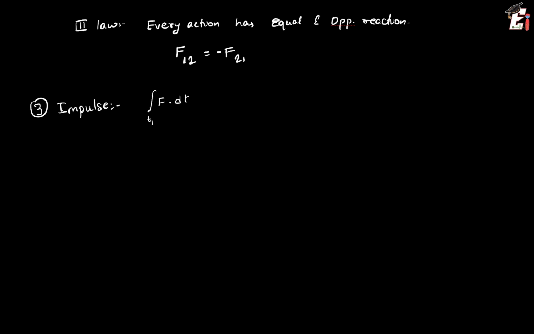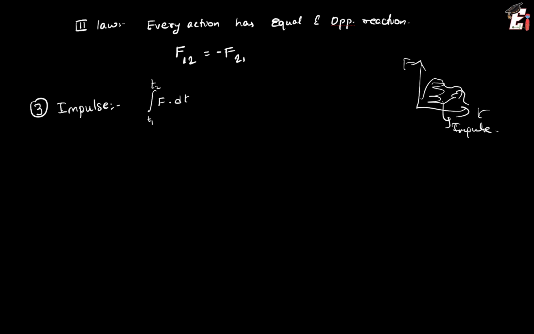For example, a batsman gave an impulse to the ball. That's why the ball suddenly flies off in the other direction, right? Or whenever you do integration, you can take area. If you have a force and time graph, you can take the area under the graph, and this area will give you the impulse.